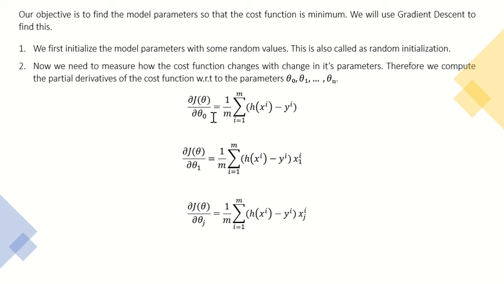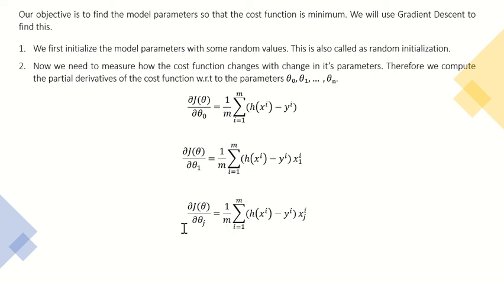And now we need to calculate the gradient. The gradient is a derivative of function J for each theta 0 to theta n. This derivative at theta 0 can be calculated with this relationship, and for theta 1 it is calculated with this relationship.